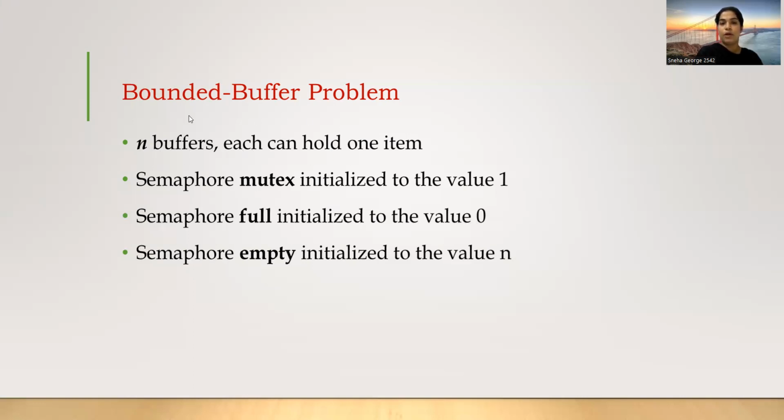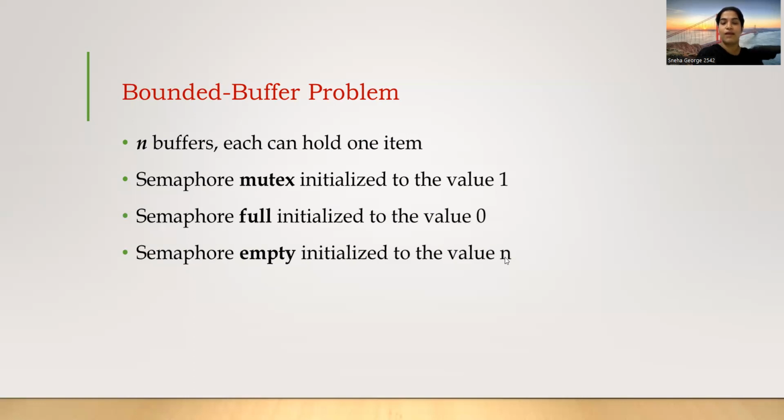So in this problem we introduce three semaphores. The first one is mutex, the second is full, and the third one is empty. Full and empty are called counting semaphores, and mutex is a binary semaphore in this problem. The mutex value is initialized to 1, full is initialized to 0, and empty is initialized to a value n.